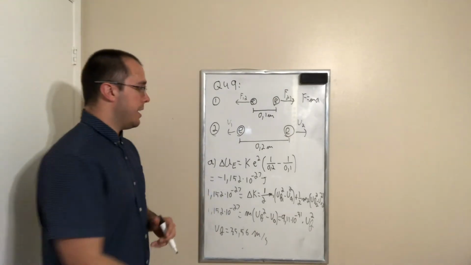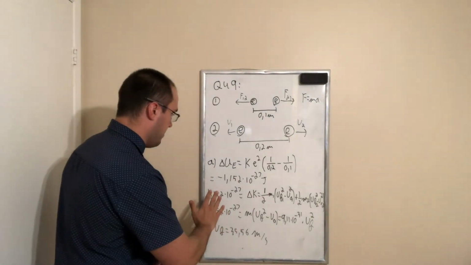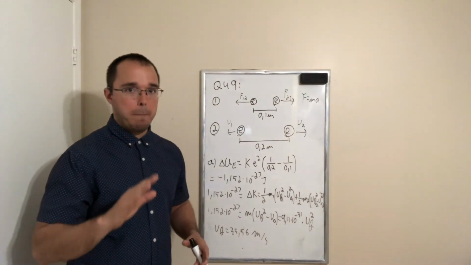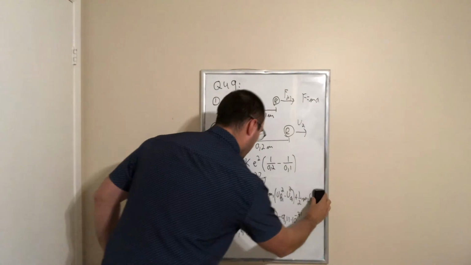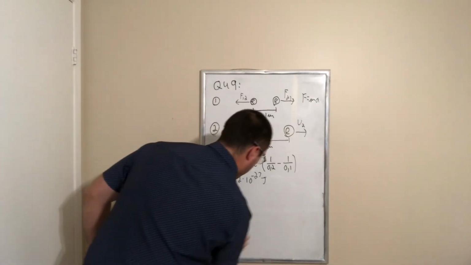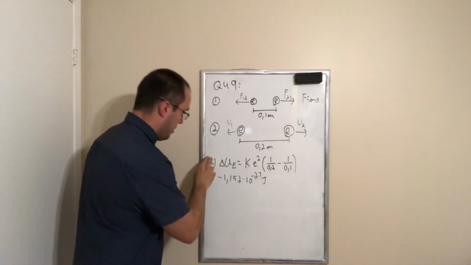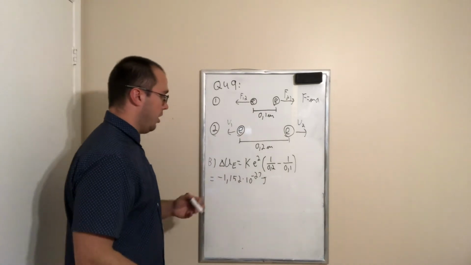If you need to write any of this down, pause the video. I'm going to erase at least this section over here to solve part B. All right, so in part B, and I'm going to remove the A over here, we use the same exact logic.